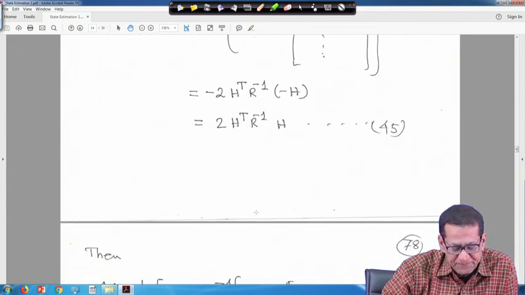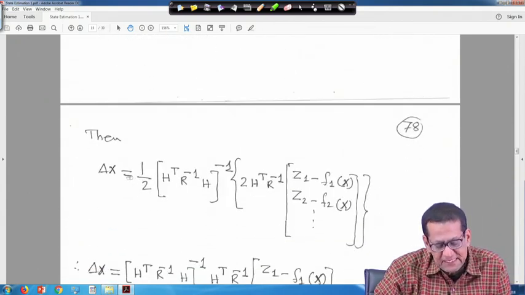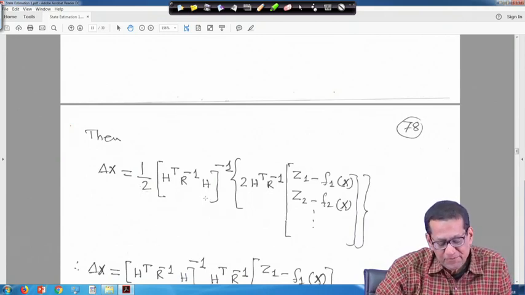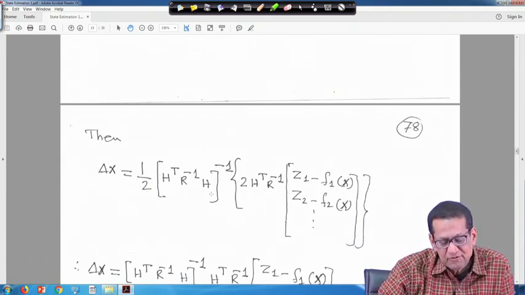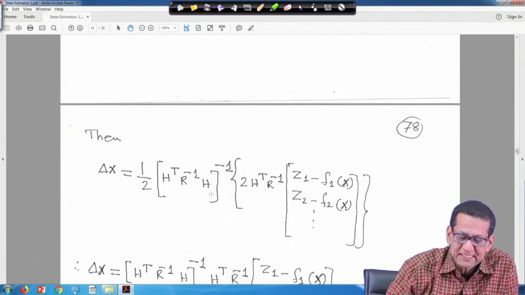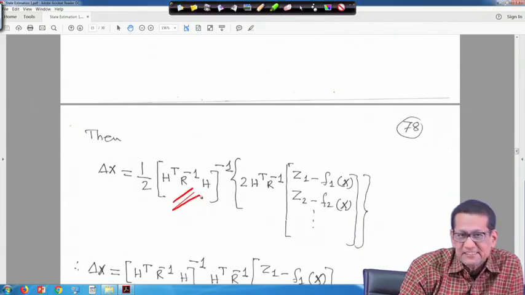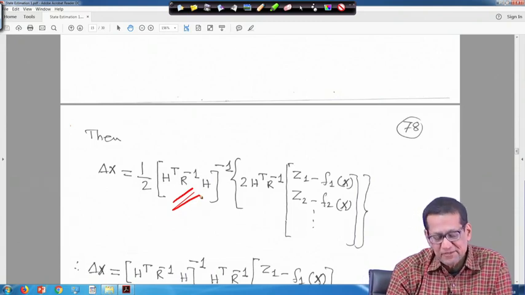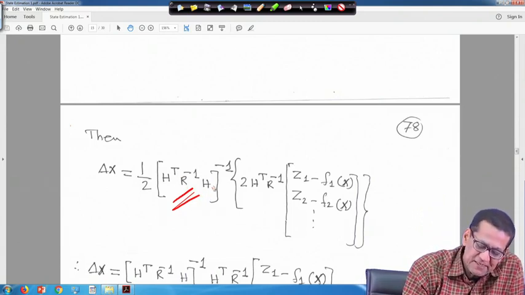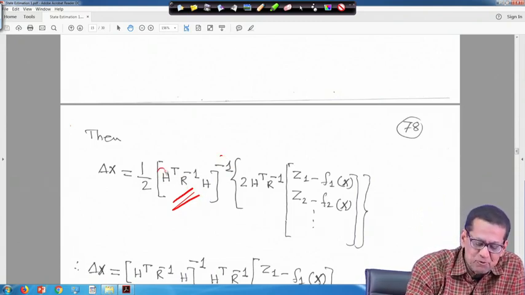So, next, we know that delta x is equal to g dash x inverse, right. g dash x is nothing but the gradient's derivative, that is del x of gradient of J x. So, that is H transpose R inverse H inverse, and 2 was there.